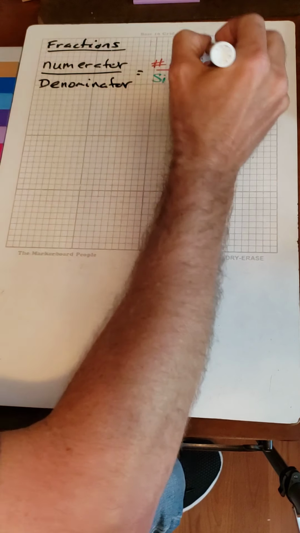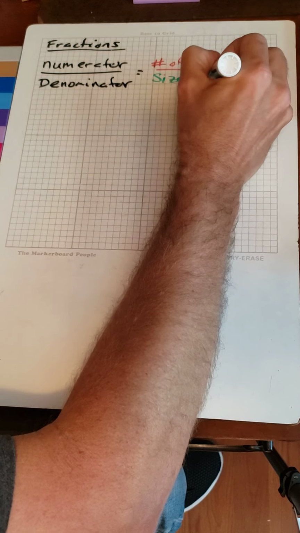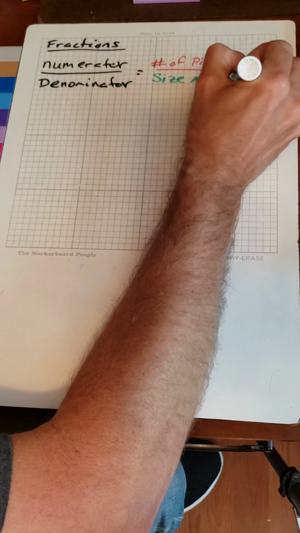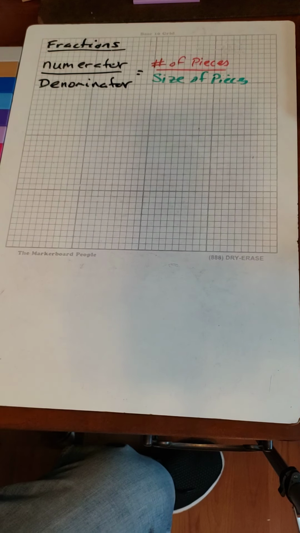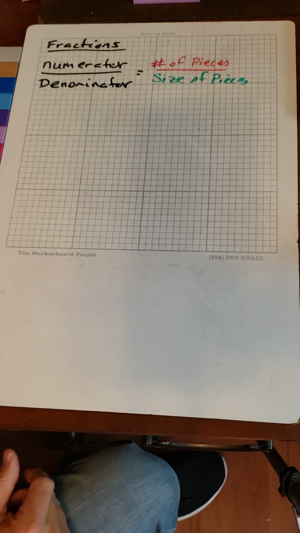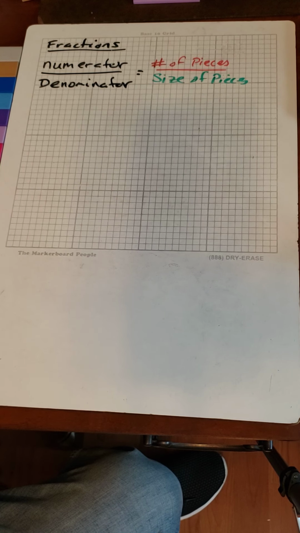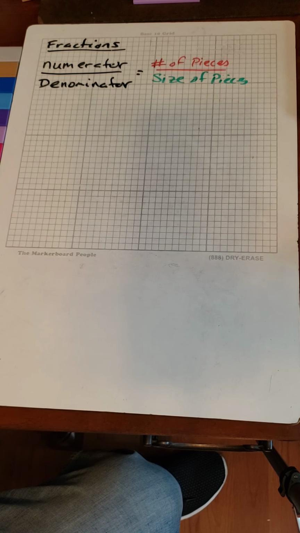And that's true for all fractions. What makes it weird and what makes it hard is the denominator's inversely related. We talked about that before. So that means that, and I think we'll see that with the manipulatives that we have, but that's true for all fractions.